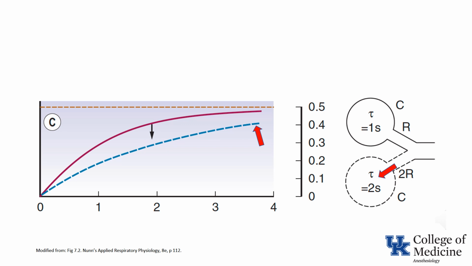One of the consequences of doubling the time constant is that the lung unit is still not completely full by the time the normal lung unit reaches its appropriate volume. As indicated by the black arrow, if gas flow is stopped at essentially any point during inspiration, gas will be redistributed from the normal lung unit to the one with increased resistance.